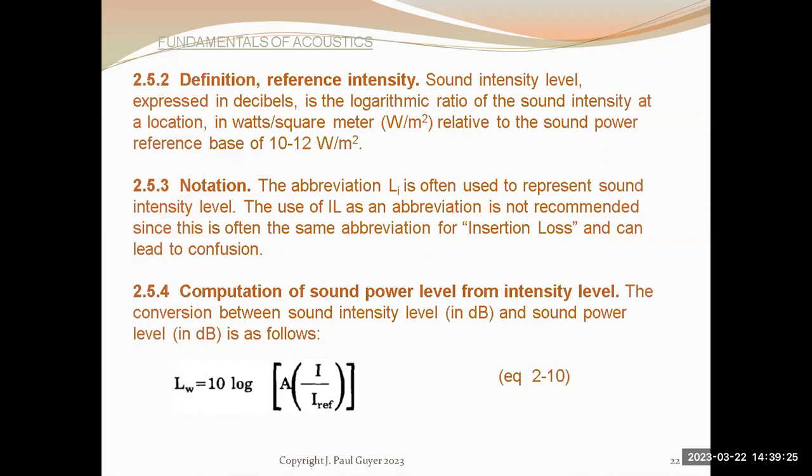That is the sound intensity just barely perceivable by the young, healthy human ear, and it's in watts per square meter. The reference intensity is 10 to the minus 12 watts per meter squared. There's a typo in that first paragraph on this slide. That should be 10 to the minus 12, not 10-12.